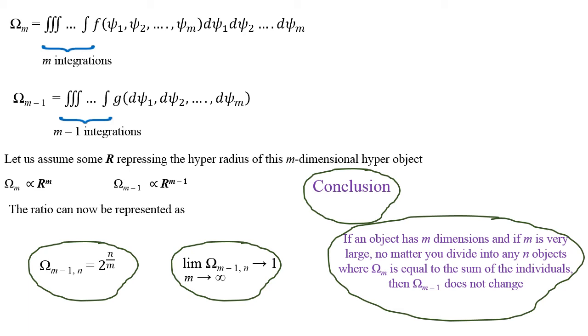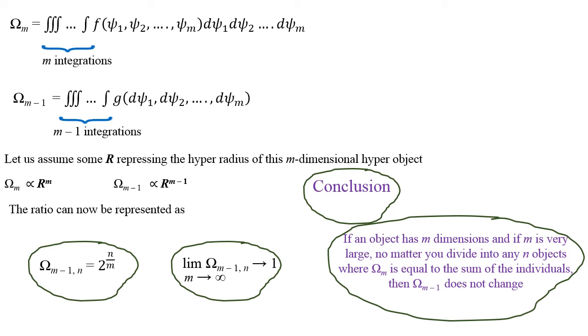And then certainly in analogy to the previous one, omega m is proportional to r to power m, and omega m minus 1 is proportional to r to power m minus 1, according to the same conclusion. And then the previous results can be generalized in the following way.